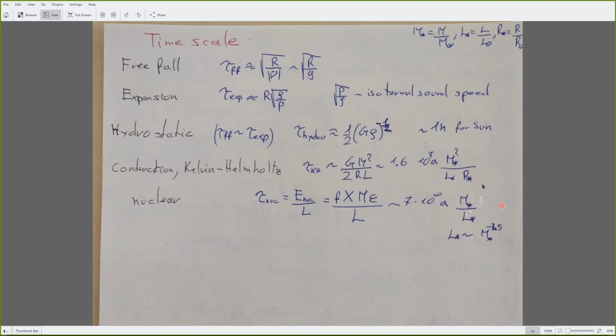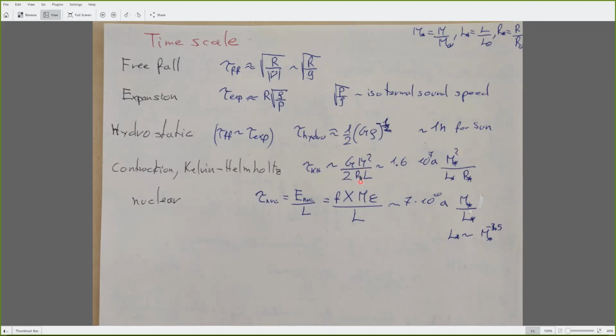You can see that this time goes inversely proportional to the mass, more or less the square of the mass. That means that the smallest stars have a longer life and bigger stars have a shorter life.